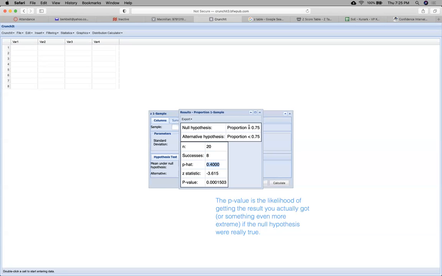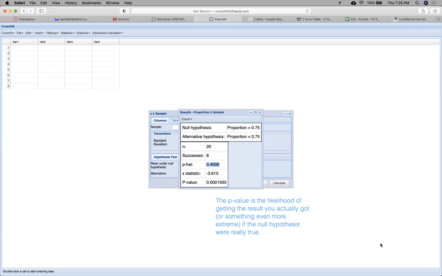If it were true, you shouldn't have gotten that result. Therefore, I'm going to conclude, based upon my data, that it's not true. Does that make sense? Yes. It's the chance of getting the actual value that you got, or something even more extreme, if the null hypothesis were really true.